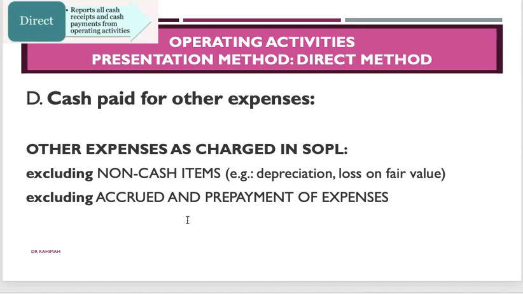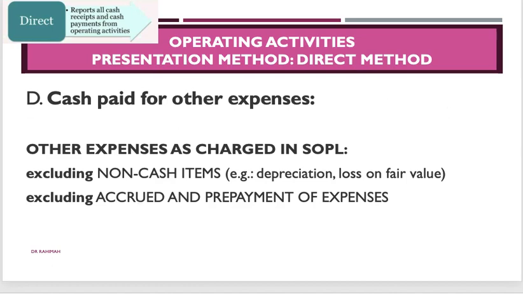So this accrual and prepayment, how do you adjust? You just open the accrued and the prepayment account so that you can exclude them from the expenses. Okay, you can check from the SOFP if there is any accrued or prepaid expenses.